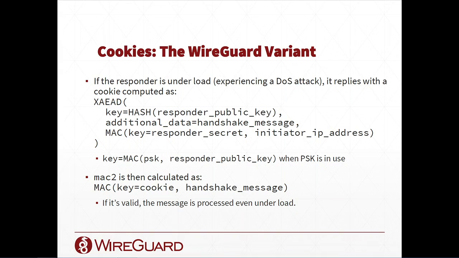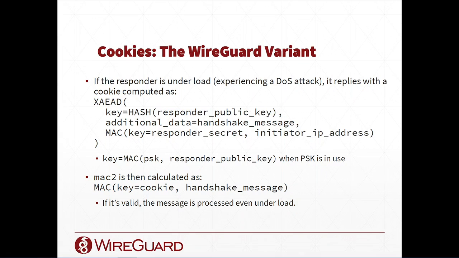And importantly, we set as the additional authenticated data the contents of the handshake message that provoked this. So in this way, we bind the cookie to the original message so that you can't then send fake magic words back to the initiator.